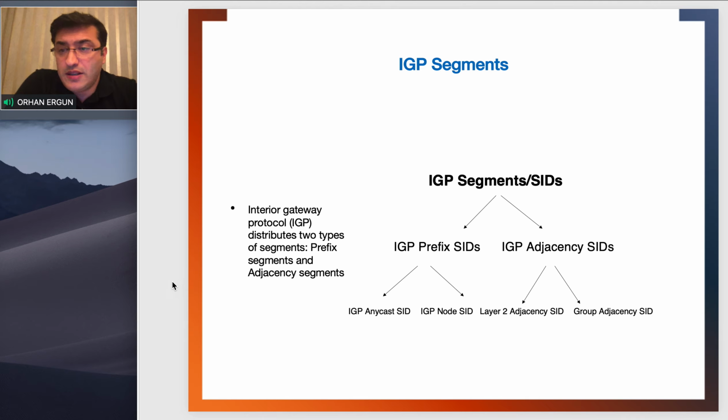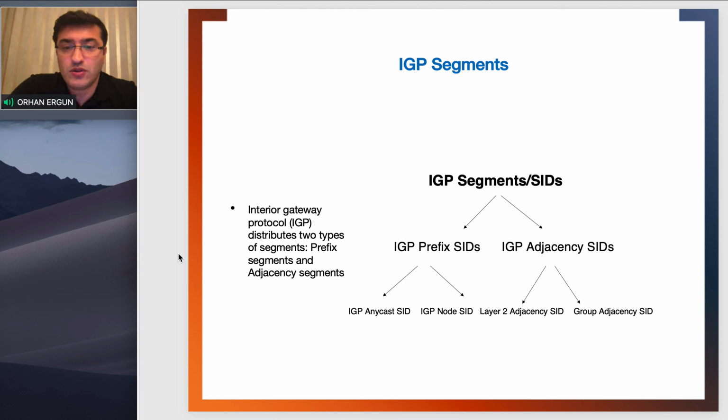Okay, so at the moment we just start with IGP segments, and as an IGP segment, first IGP prefix segments I think next, and then all of these segment types we will be discussing now. But don't forget this chart. So IGP segments, in the future maybe extra use cases might emerge and we might see some extra segment IDs obviously, but as of today, this is what we have.